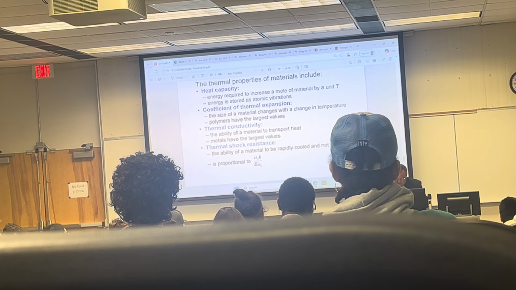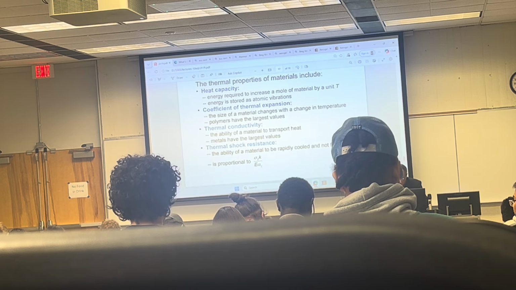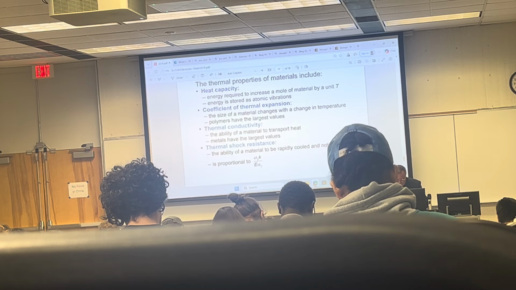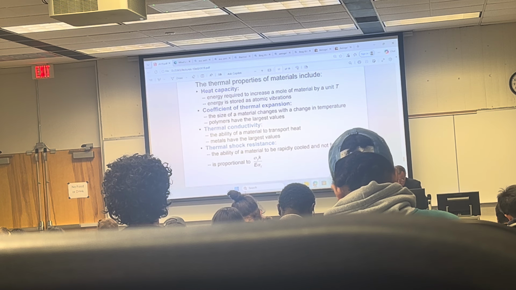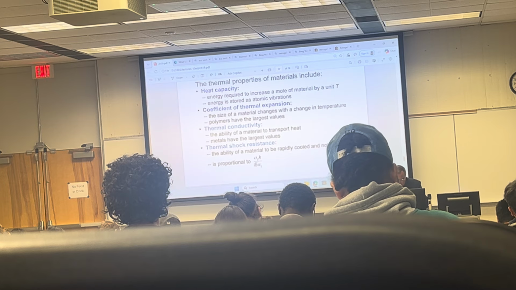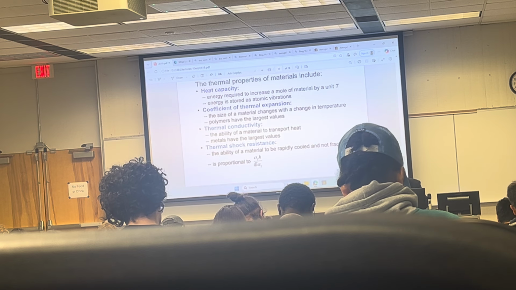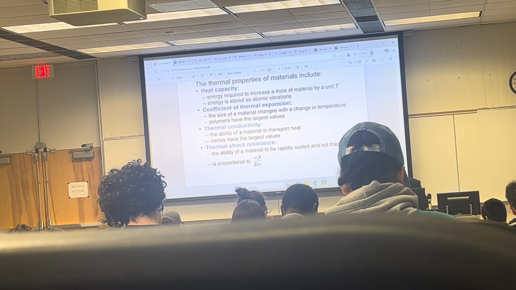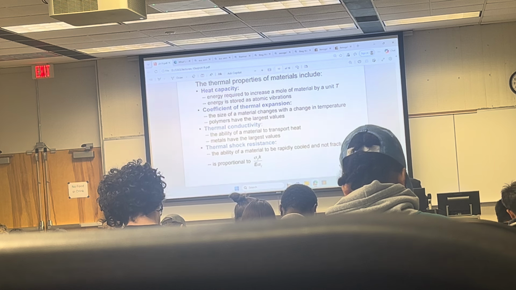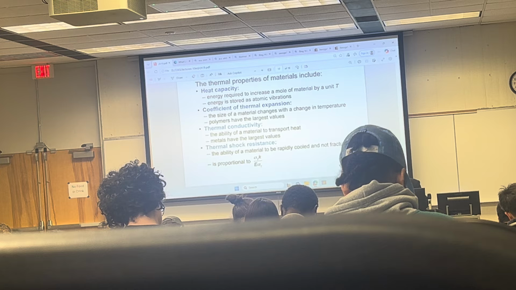Okay, another problem is chapter 12. The problem is about three-point bending. You're given the geometry of the sample, and you're asked to find flexural strength if you know the load at fracture.